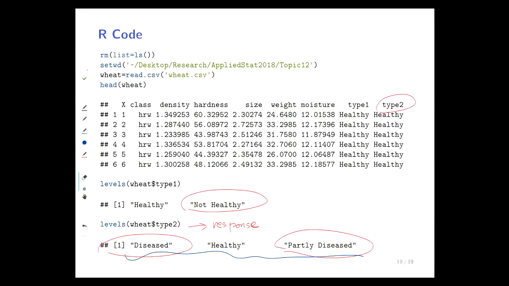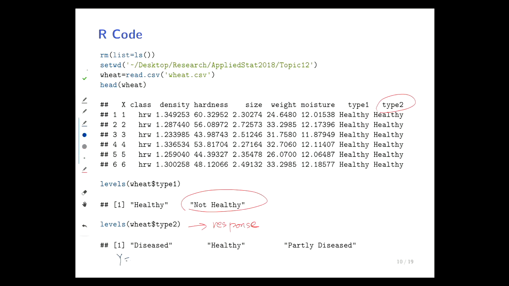In order to make everything easier, let's define these 3 categories as 1, 2, 3. So Y equals 1, 2, 3. That means if we have these orders by using the levels function, the first one is defined as 1. So that means the first one is the baseline level category for the response variable.